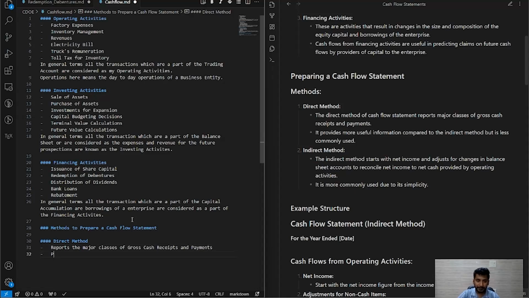It also provides more useful information compared to the indirect method. But it is less commonly used.